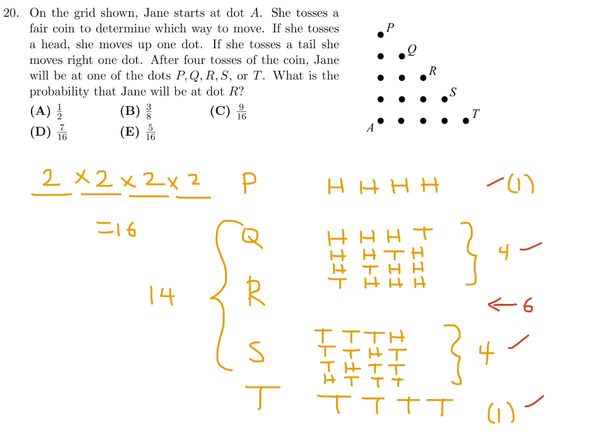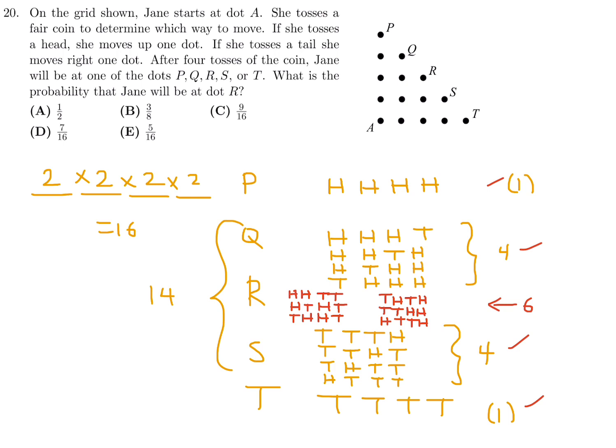Now, just for the sake of completion, let's just write them out. This is going to be a situation where you have 2 heads and 2 tails, right? 2 up and 2 across. So you can write them either as H, H, T, T, H, T, H, T, or T, H, H, T, T, H, T, H, T, T, H, H, and finally the one where the 2 T's are in the middle.